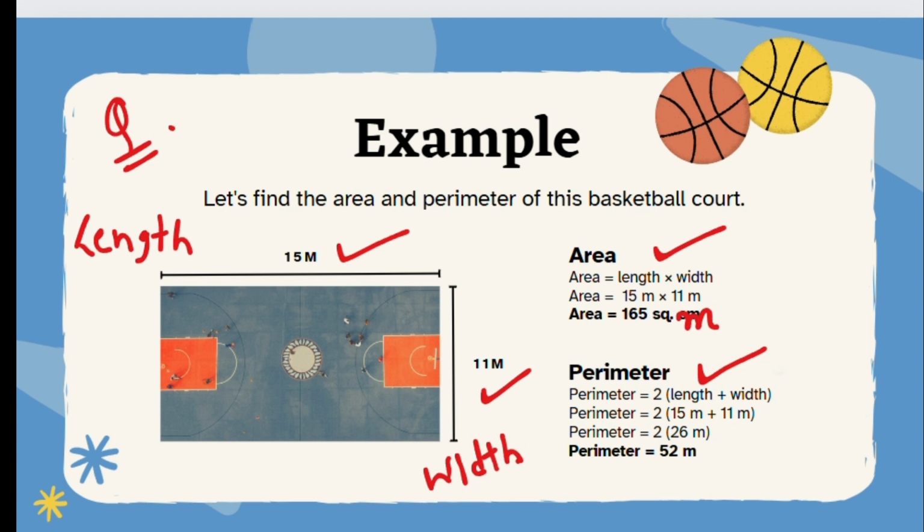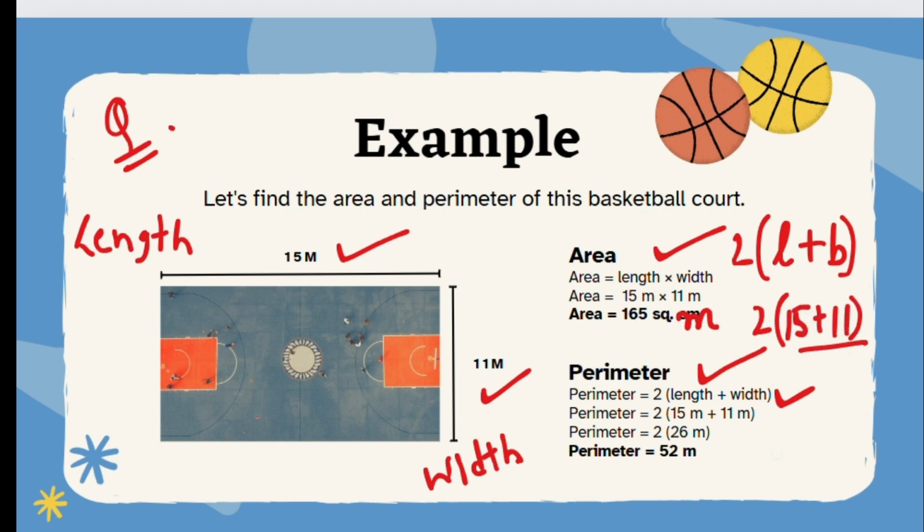The perimeter formula of a rectangle is 2 multiply length plus breadth or width. So here length is 15 meter, 2 multiply length 15 meter plus 11. We will solve the bracket first, that will be 26 meter. So when we multiply 2 with 26, we will get 52 meter.